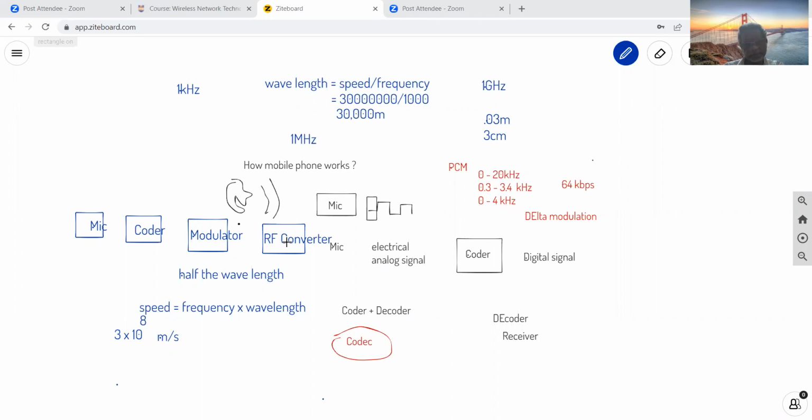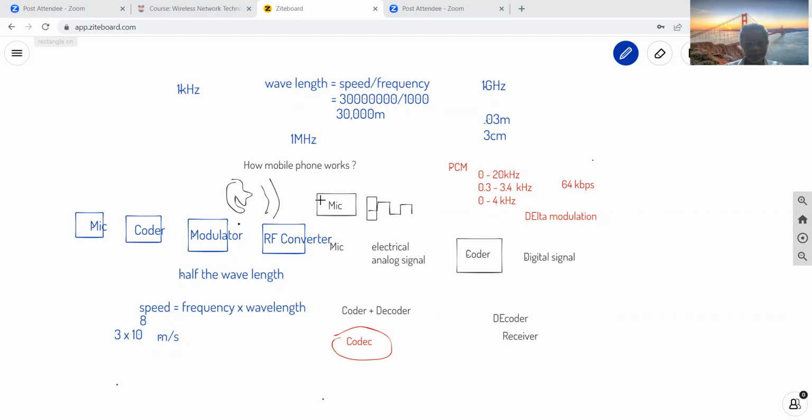Then at the receive end, the RF converter is there on the reverse side, where a high frequency signal is reduced to a low frequency signal. So this is what is inside a mobile phone for voice communication.